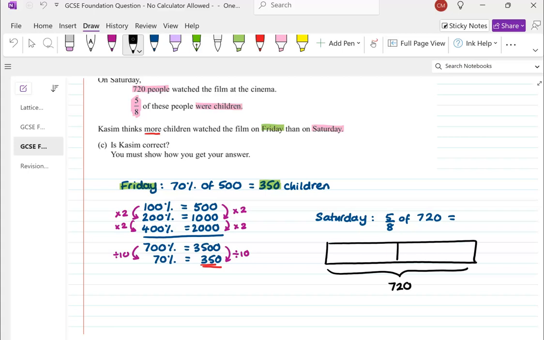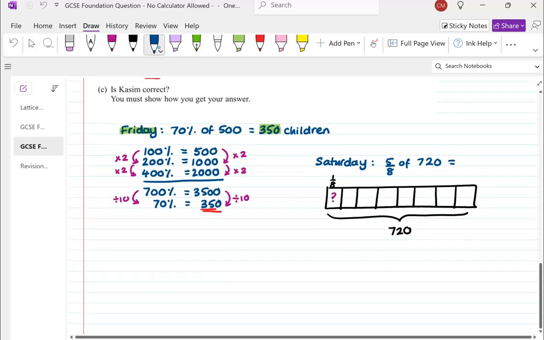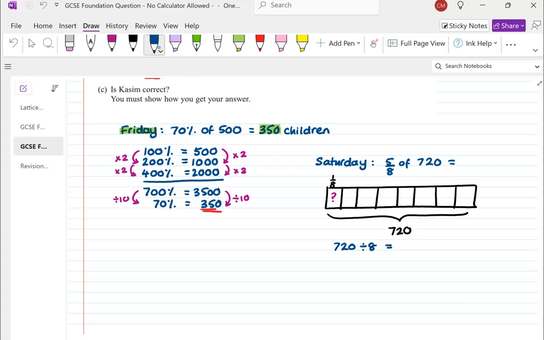And what I'm going to do is I'm just going to try and cut it up into 8 pieces. So every single one of those little pieces would be 1/8. Now, I'd quite like to know what is in every single one of those little parts. I want to find out what 1/8 is first. So I'm going to do 720 divided by 8. I know that 72 divided by 8 is 9, so I think that's going to be 90.